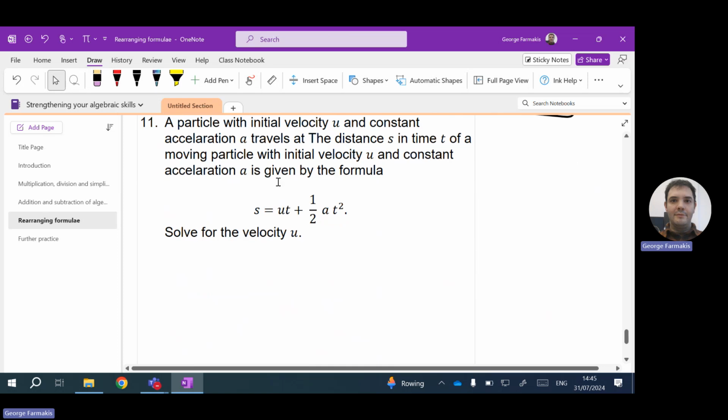So here we have a particle with initial velocity u, constant acceleration a, and travels at the distance s in time t.